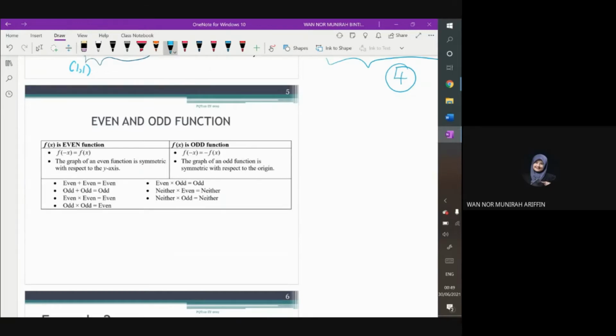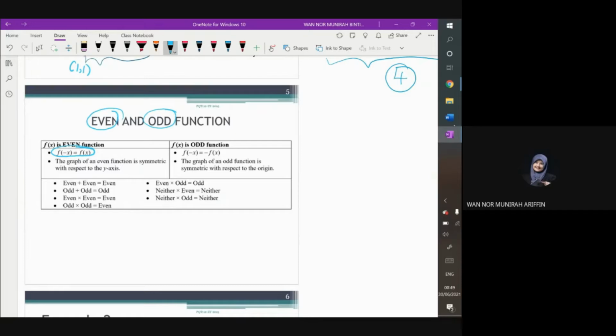So class, for even and odd functions, as well as neither odd nor even functions, first I want you to understand that there are two ways to determine, verify, or validate whether you have an even or odd function. The first one is by substituting f(x) with f(negative x).